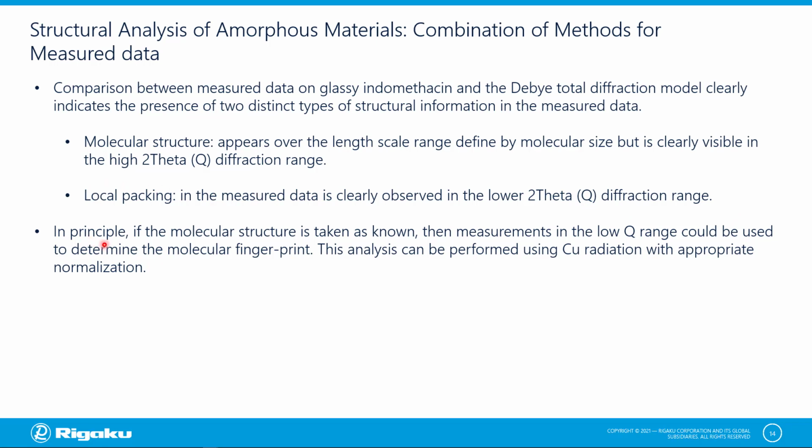In principle, if you know your molecular structure, then you only need to measure in the low q range in order to determine this material's packing fingerprint. And in principle, this could be performed with copper radiation with this appropriate normalization, taking into account that we know what the molecular structure actually is. And this is something I'd like to investigate in the next few slides.